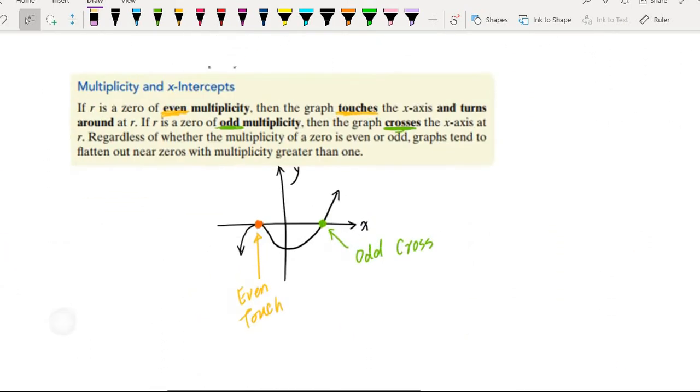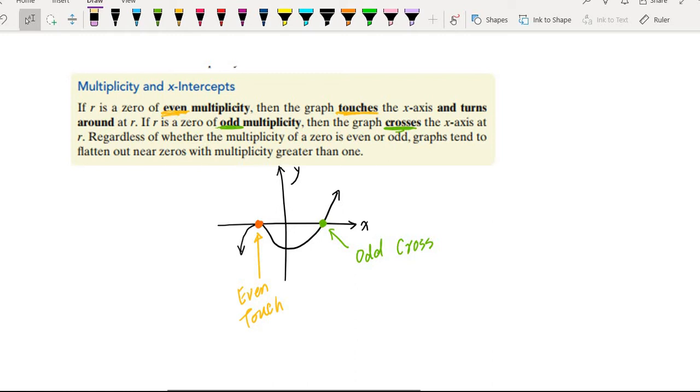Let's look at what the multiplicity is related to graphs. If r is a zero of even multiplicity, like the orange graph right here, we say it touches the x-axis and then turns away. If it's an odd multiplicity, then it crosses the x-axis.